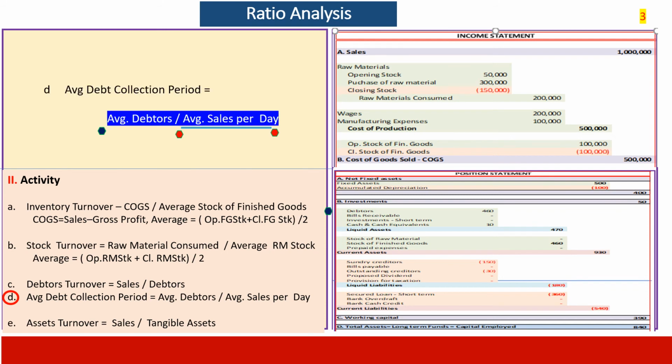Here we will take the average debtors, but average sales per day we have to derive based on, in our case, 10 lakh sales per annum. We have to find out how much is the credit sale and what is the credit period. What is the number of days of operations? We have to take that average sales per day to derive the average debt collection period, meaning for how long the money is stuck with the customers.